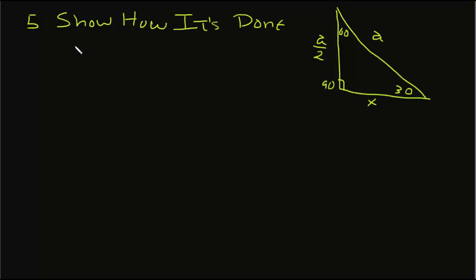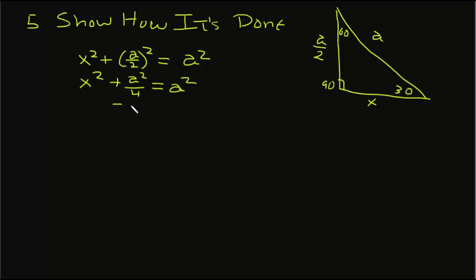Using the Pythagorean theorem, we'll say that x squared plus (a over 2) squared equals a squared, and then x squared plus a squared over 4 equals a squared.